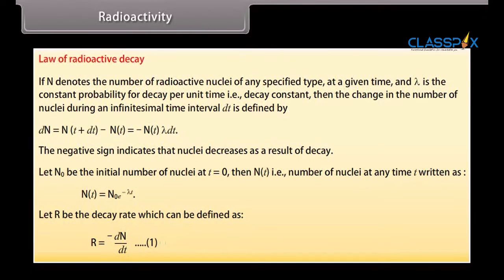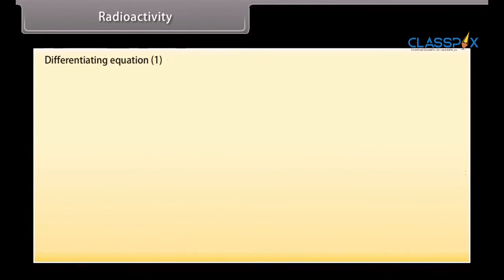Name it as equation 1. Differentiating equation 1, we get R = λN0 e^(−λt). Let λN0 = R0. R = R0 e^(−λt).